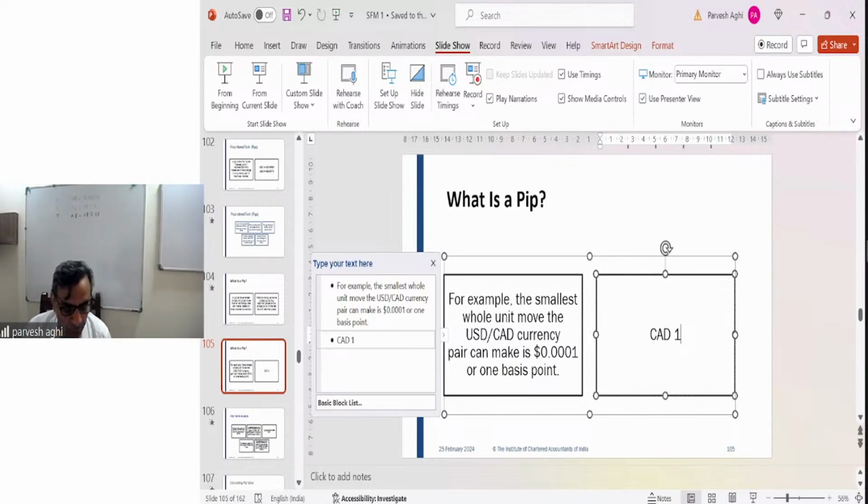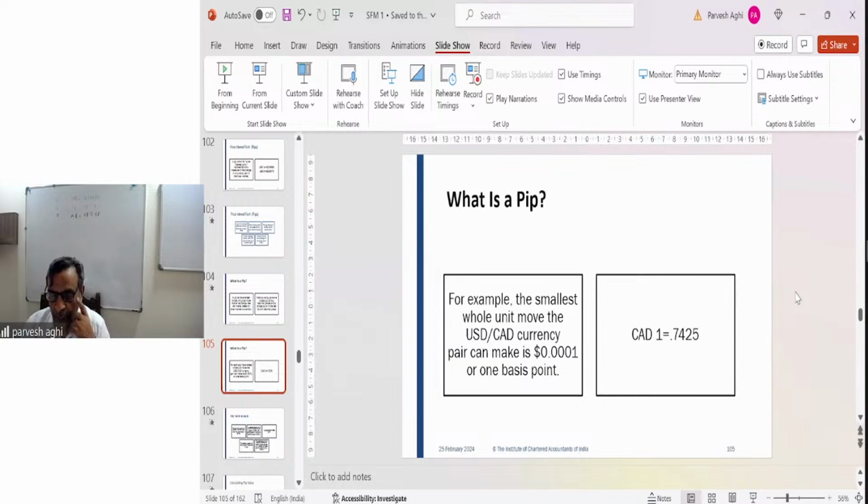So this is 0.7424 or, sorry, 0.7425. Fine. So this is the point here.